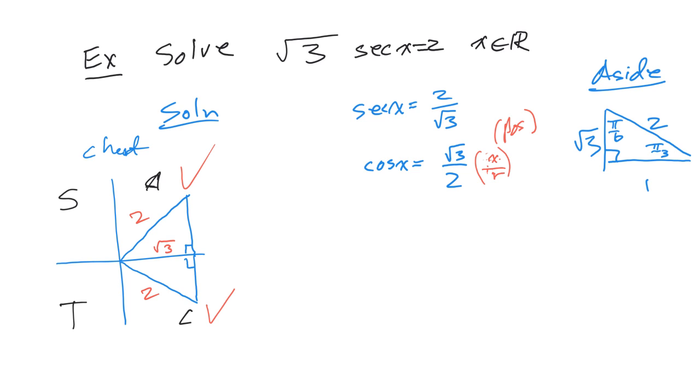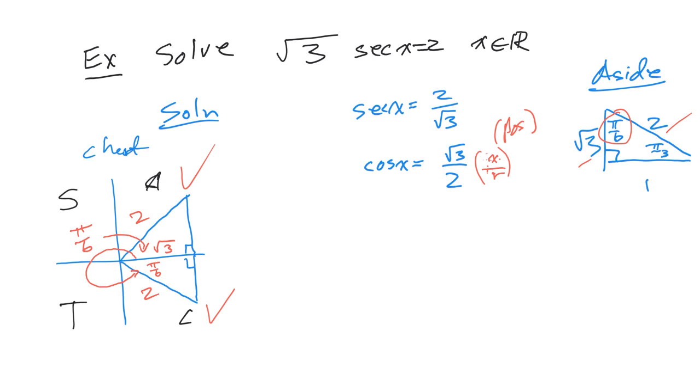Now, based on that, we can calculate our triangle. So our triangle is basically this angle here, because the adjacent is root 3 and the hypotenuse is 2. So we know that this angle here is pi over 6. And then to go from here all the way around is going to be 11 pi over 6 to get to that spot.